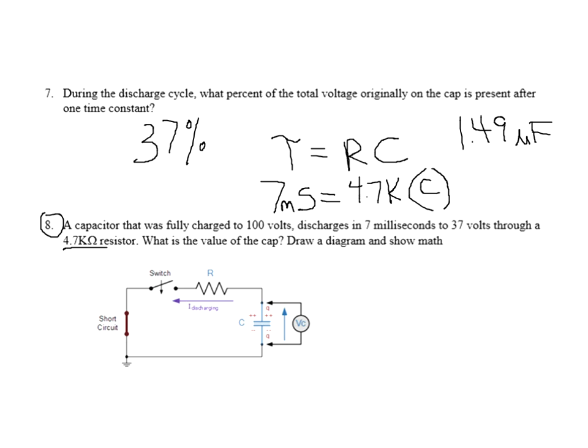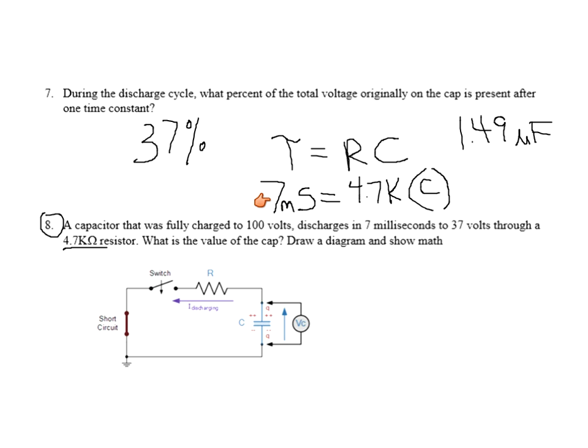Now I'm pretty sure that sounds like an odd number. Let's check our work. How can we check our work? Well, 1.49 microfarads times 4.7K. Let's see if we get 7 milliseconds. So 1.49 microfarads times 4,700 ohms. Yeah, 7 milliseconds.